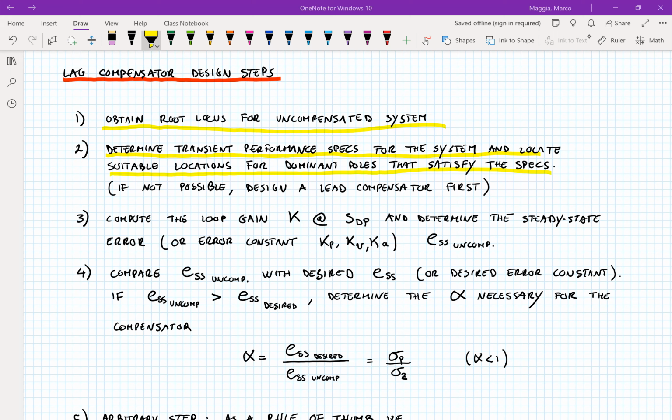Then you want to compute the gain K at the dominant pole location and determine the steady state error, or equivalently, the error constants, either position constant, velocity constant, or acceleration constant. So in other words, you want to find the steady state error for the uncompensated system, or for the system with the lead compensator, but I'm going to call it uncompensated because it doesn't have the lag compensator yet.